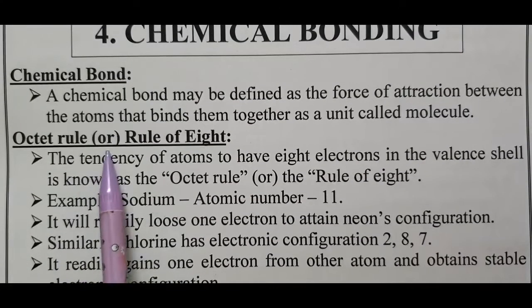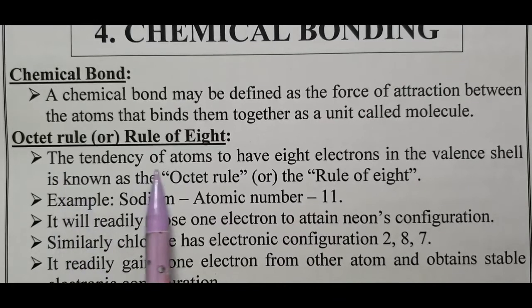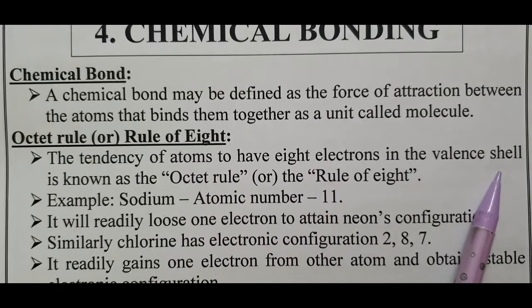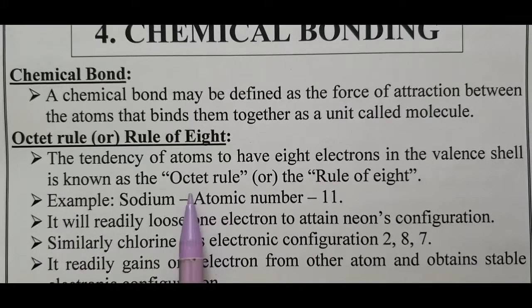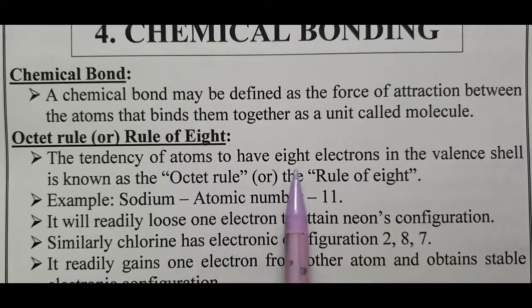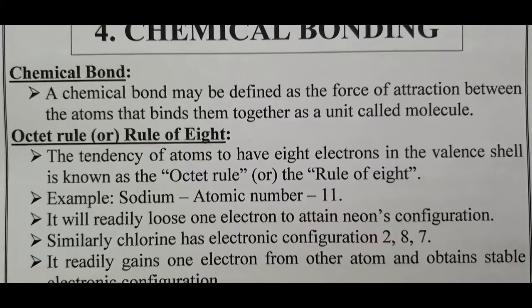Octet rule or rule of 8. The tendency of an atom to have 8 electrons in the valency cell is known as the octet rule or the rule of 8. Oct indicates 8.